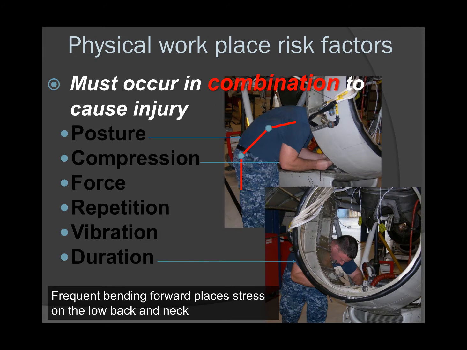It modifies or exacerbates the other physical workplace risk factors. Typically, most of the time when we're talking about an ergonomic principle that's been violated, it's a combination of these physical workplace risk factors that leads to the development of a work-related musculoskeletal disorder. So it is not acute, it's chronic in nature, and it's the combination of the physical workplace risk factors.